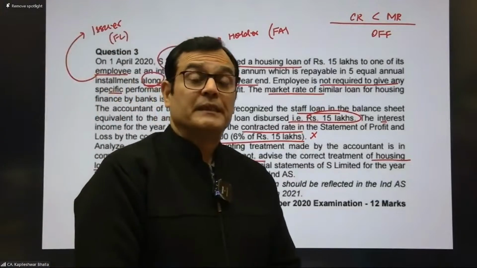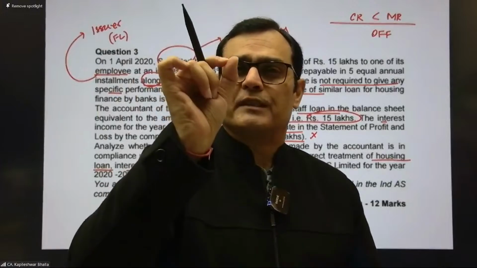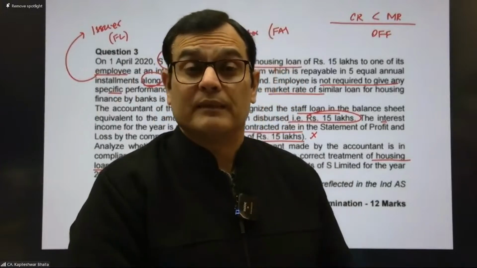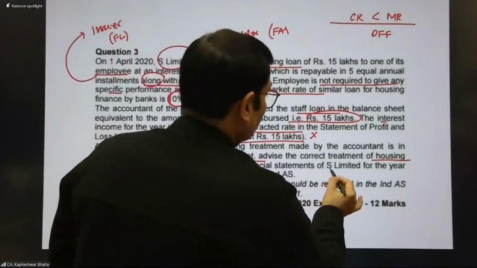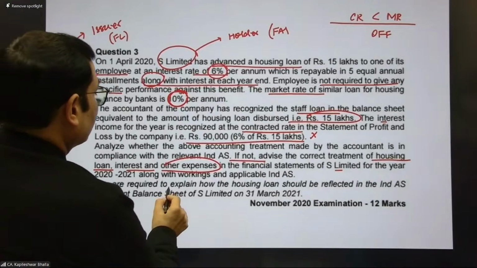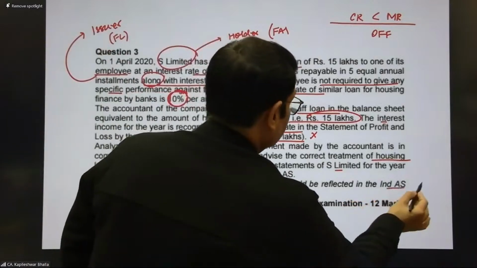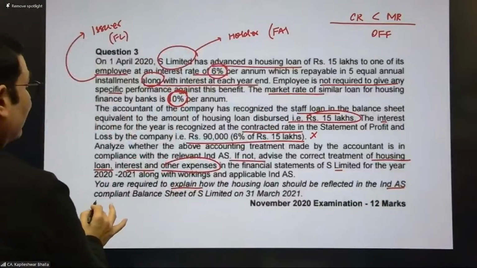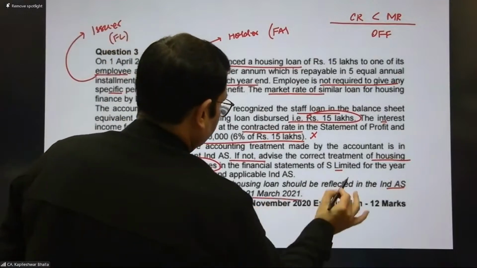Because the difference between the contracted and the market rate is going to lead to a difference at time zero, which is going to become an other expense. Along with the applicable workings as per relevant Ind AS, you're required to explain how the housing loan should be reflected in the Ind AS compliant balance sheet of S on 31st March 21.